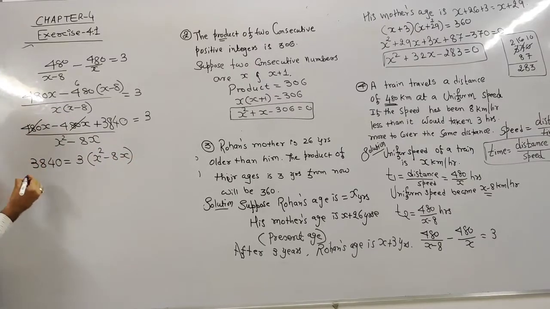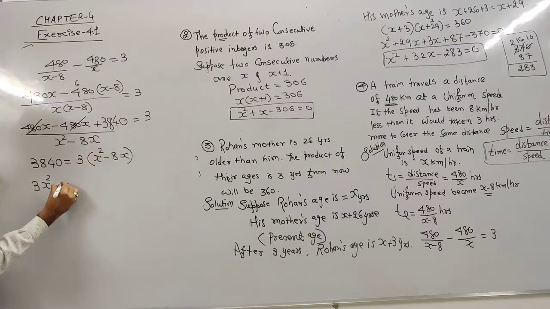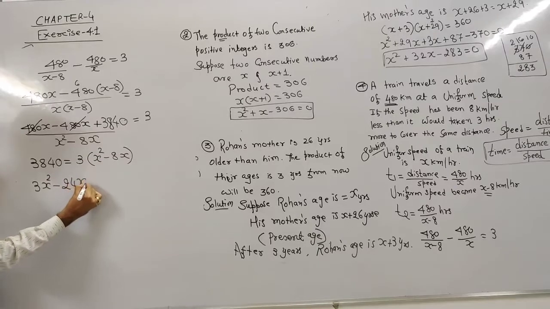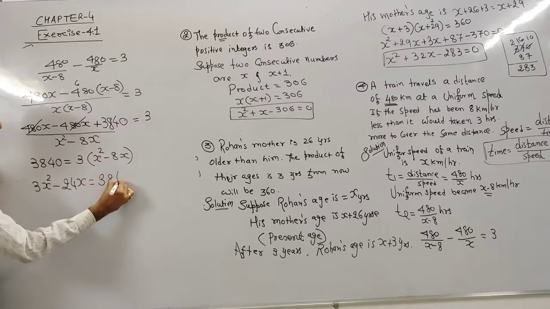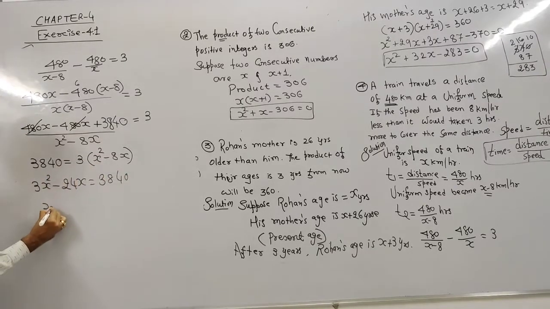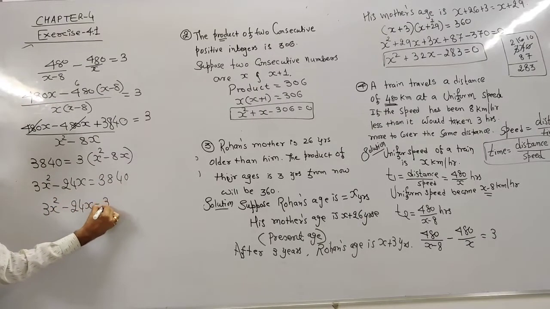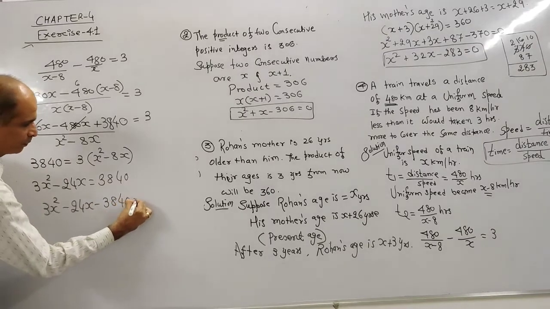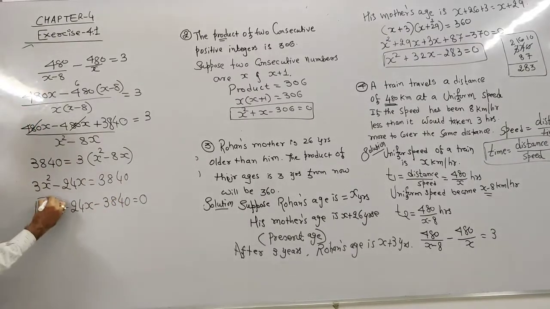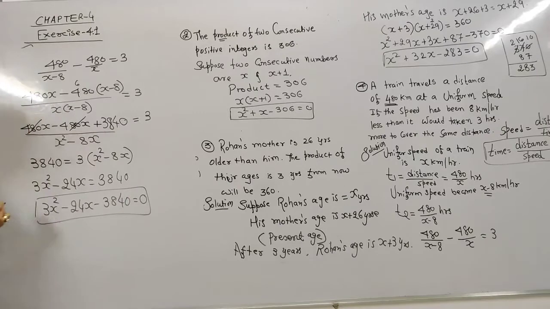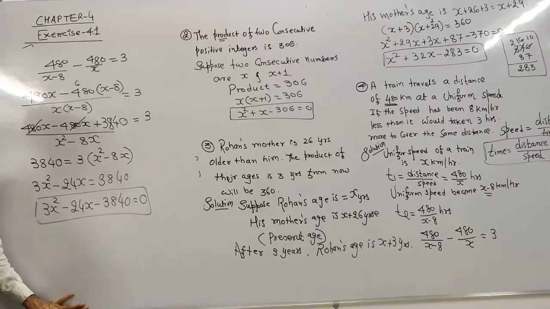When you multiply this, you get 3x square minus 24x is equal to 3840. So the equation becomes 3x square minus 24x minus 3840 is equal to 0, and this is your quadratic equation.